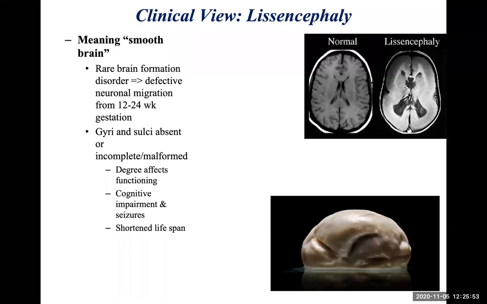Anytime you see a folding or a convolution in tissue, take note that what that does effectively is increase the surface area. Having all these convolutions in our brains increases the surface area available for neurons to engage in synaptic activity.